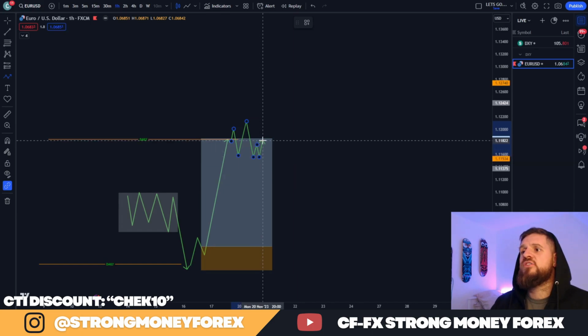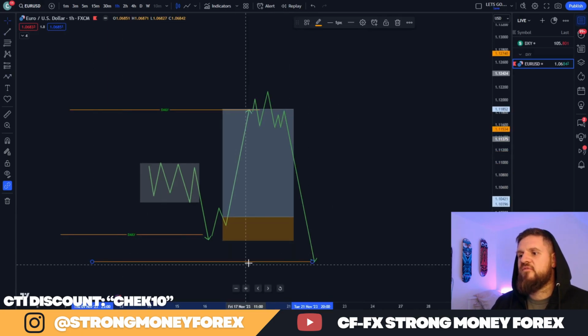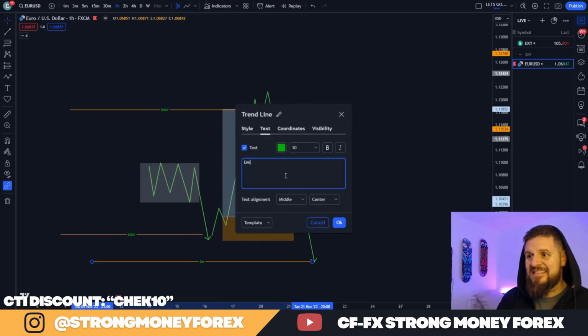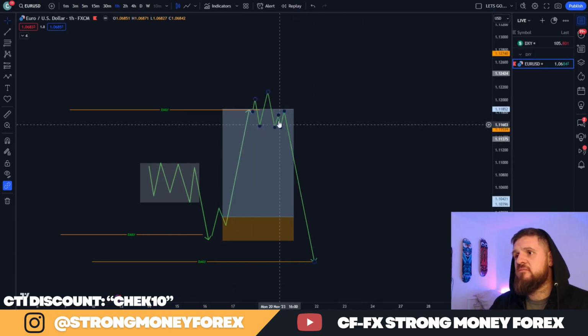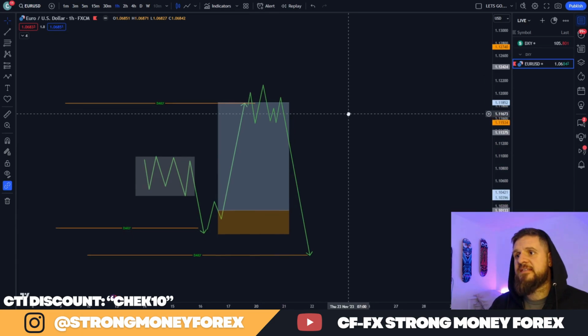But what actually happens is we get a false move, and we push down, potentially to some more daily liquidity down the bottom, for example. Now this is the exact same scenario where price is tricking us into thinking price is going to continue.